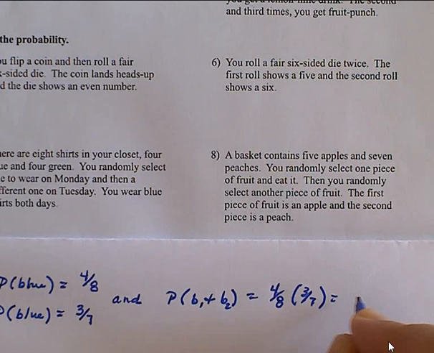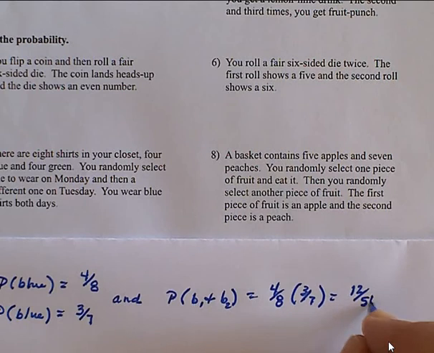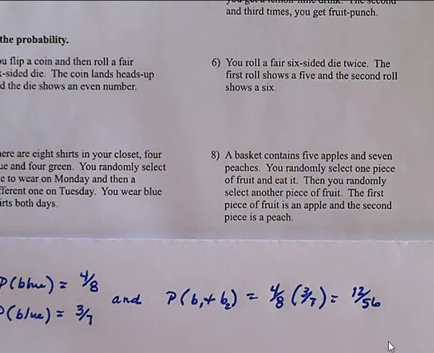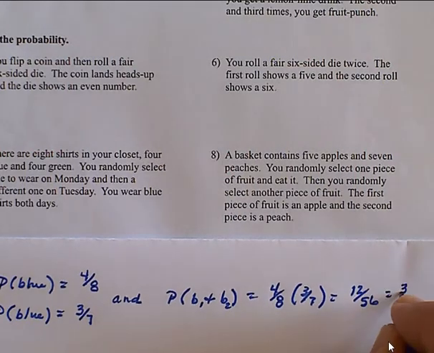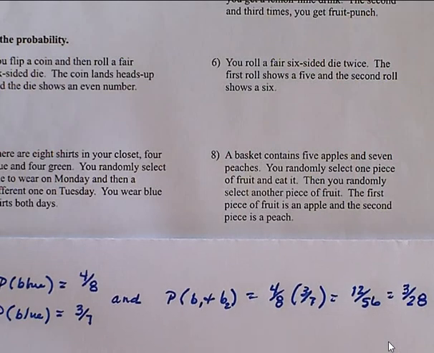So 12 out of 56, which is 3 out of 28 when you reduce it down.